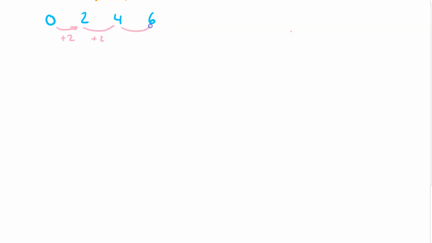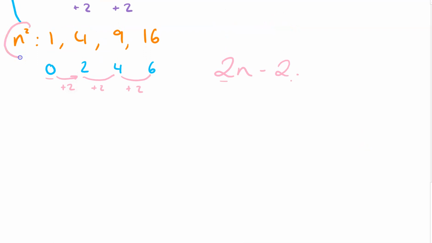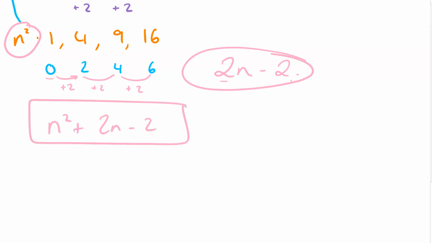So these are all add 2's. Which tells you you've got 2n in your sequence. But you don't want to start with a 2, you want to start with a 0, so you take off 2. And then you put it all together. So you've got n squared there, and 2n minus 2 to give you your full sequence.